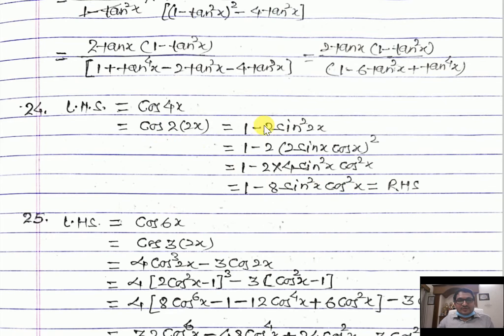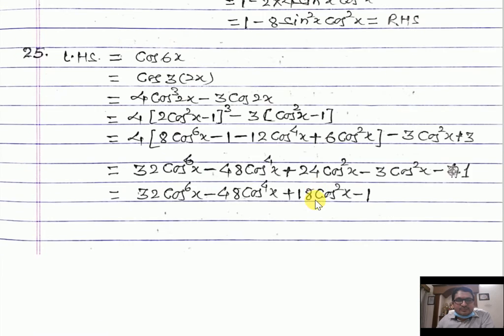So you have to write the formula cos 2x is equal to what? 1 minus 2 sin square x. The same result is given as 8 sin square x cos square x minus 1, then you will write 2 cos square x minus 1. Now this sin 2x will be 2 sin x cos x whole square. 2 to the 4 sin square x, and then 4 to the 8, right hand side, hence proved.